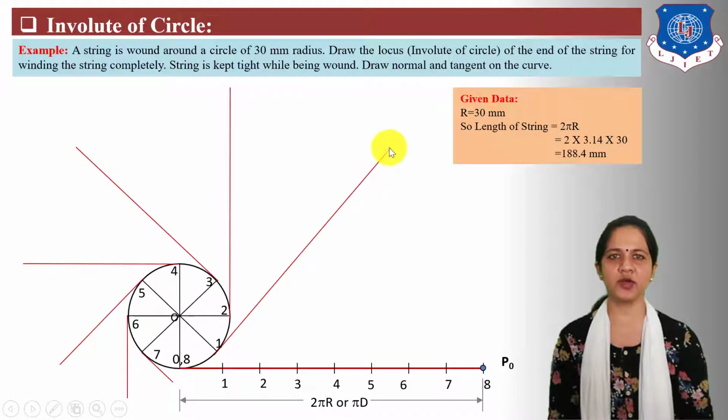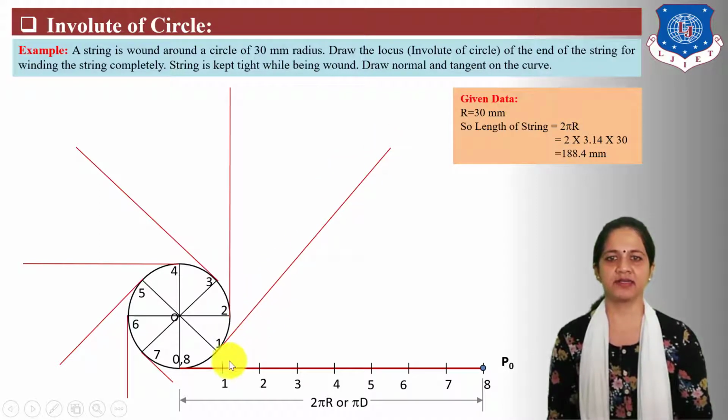Now, for the P1 locus point on the first location of the string, take distance 1/8 from the original string and transfer this distance on the first location of the string and locate here the P1 locus point.